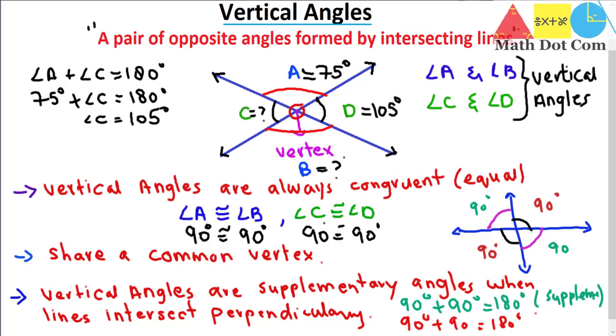B will be obvious, it will be 75 degrees, and C is equal to 105 degrees. So this is how, if you know the concept of vertical angles, you can easily apply that concept on diagrams or on equations involving angles to get the unknown angles.